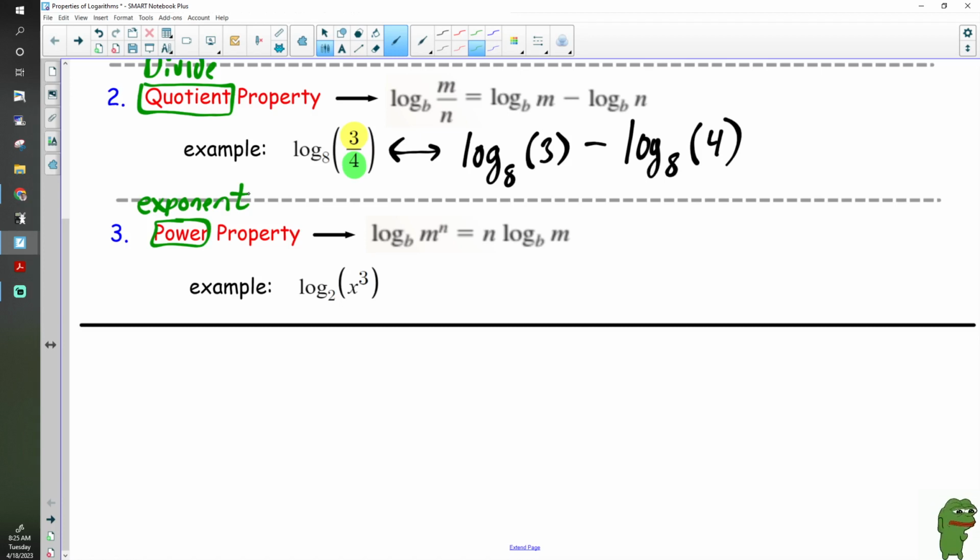If the inside of your logarithm has an exponent, for example, here we have an x to the third power, that's an exponent. We can take that exponent, bring it down and out front of the logarithm. So we're taking it out of the logarithm and putting it out in front. This would become 3 times log 2, and that x is left behind.